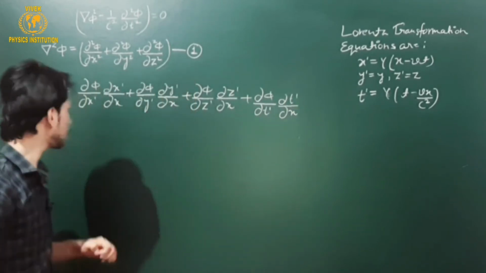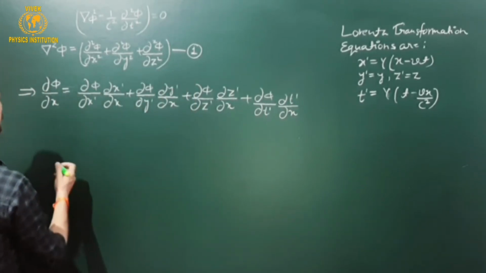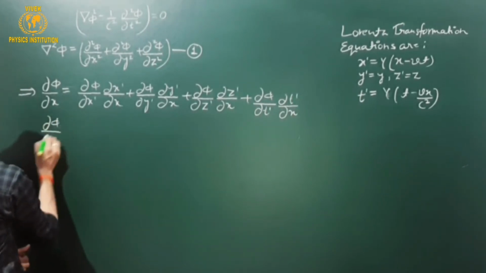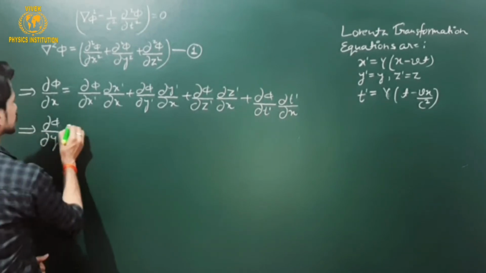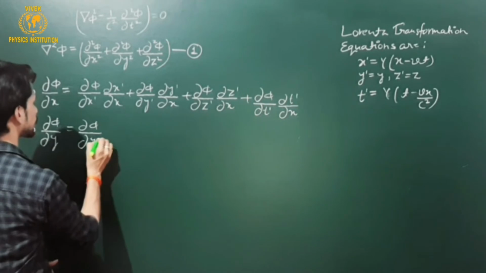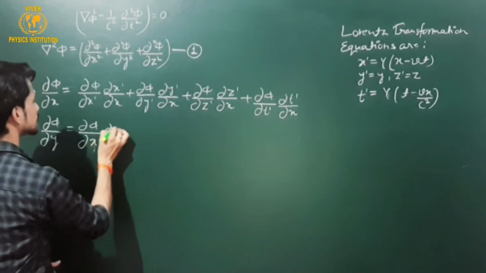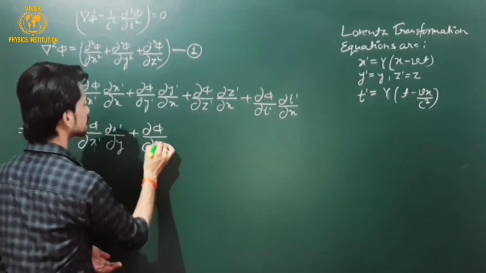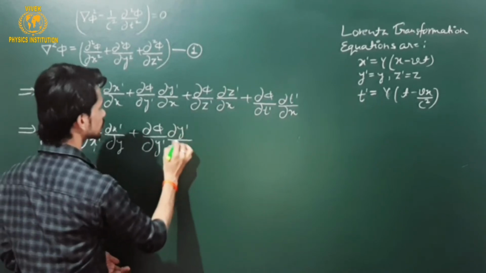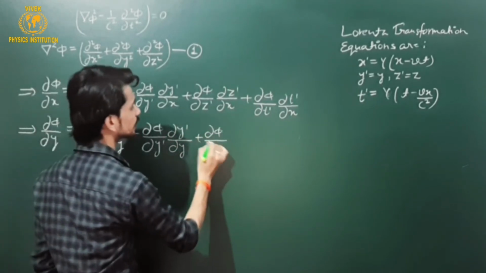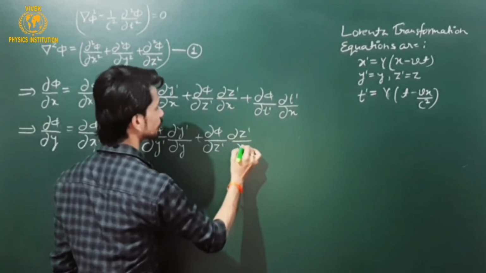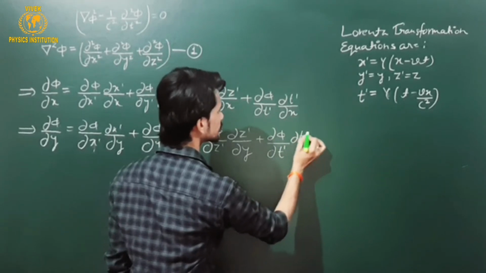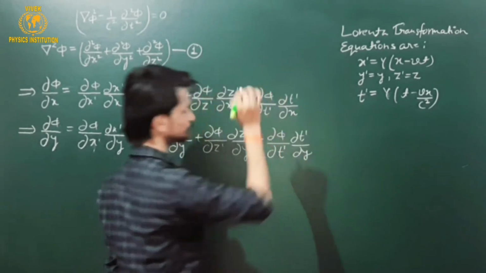So this is the chain rule for del phi over del x. Similarly, I am writing the value of del phi over del y. The chain rule for this one will be the same: del phi over del x dash upon del y, del phi over del y dash upon del y, del phi over del z dash upon del y, plus del phi upon del t dash upon del y.